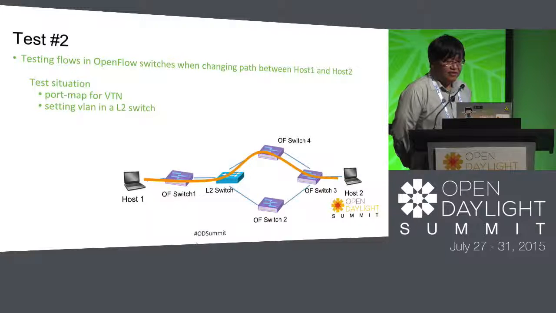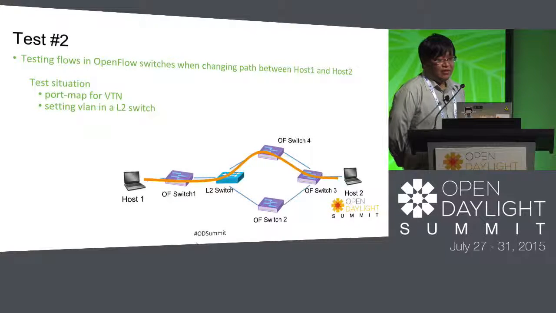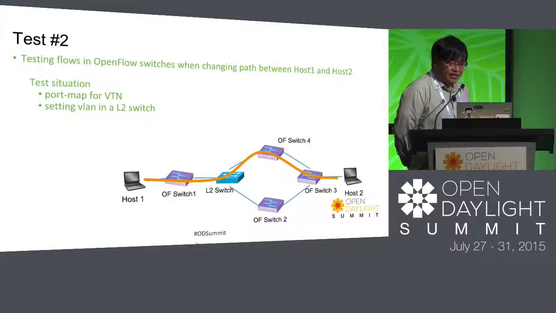This is the second testing. We want to check if a host can send a packet to another host after changing VLAN. The configuration is as follows. We use 4 OpenFlow switches and insert an L2 switch in this position.